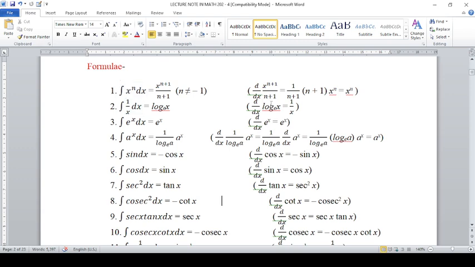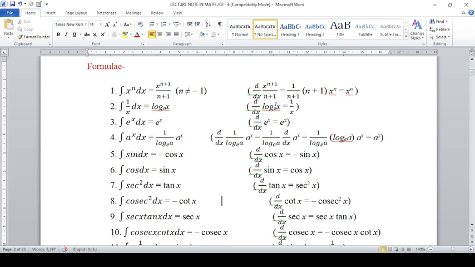So these are the formulae you need to remember. d/dx of x to the power n plus 1 by n plus 1 gives x to the power n, and integration of x to the power n is x to the power n plus 1 by n plus 1.